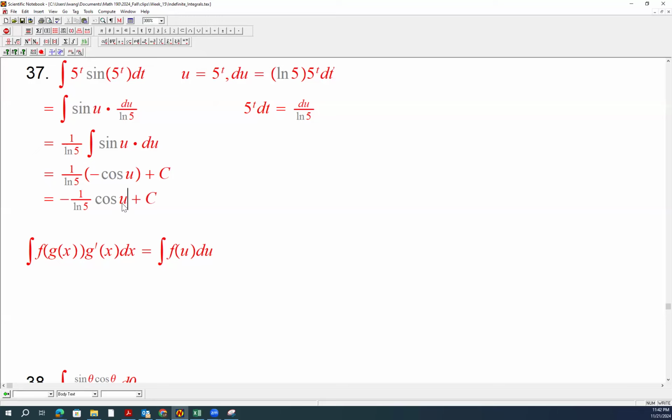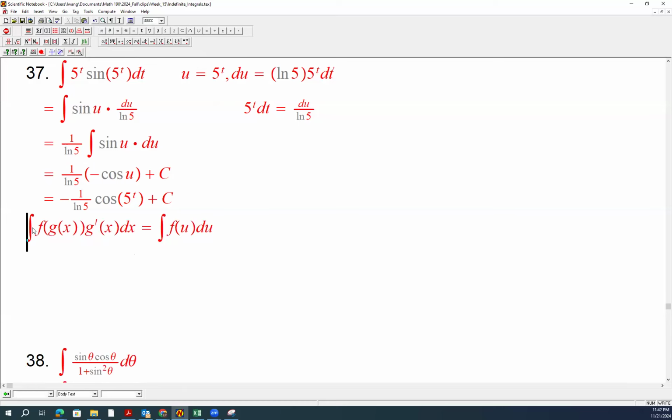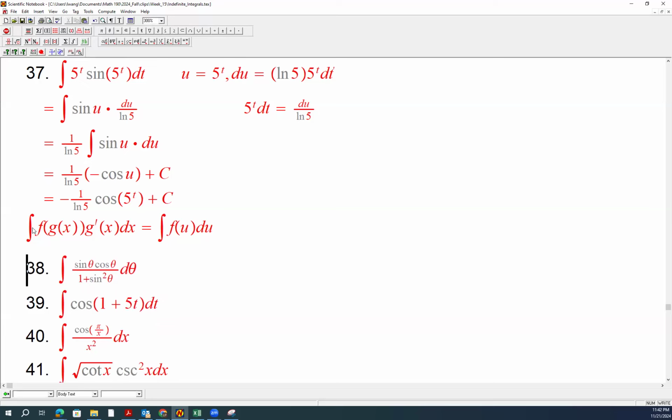Cosine u, replace u by 5 to the power t, and put parentheses there. I don't think the parentheses are necessary here, but it was put in the original expression, so we just put it there. No harm done.